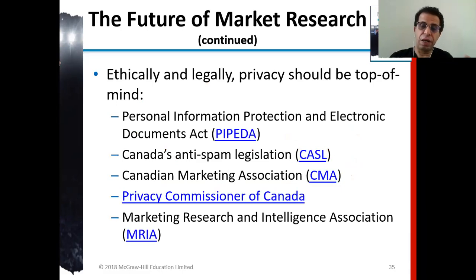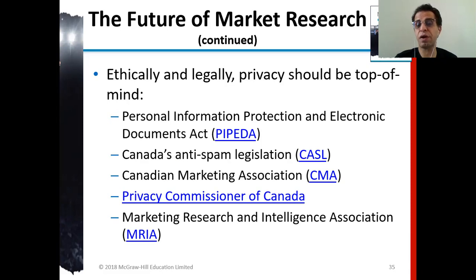But on the other hand, if everybody is allowed to do research easily, then lots of personal information gets out, and you don't want to violate personal information. So legal authorities and governments put some rules and regulations in place.